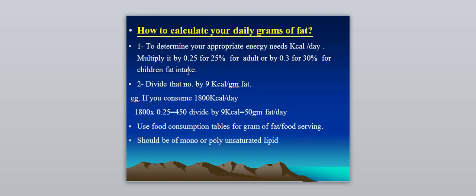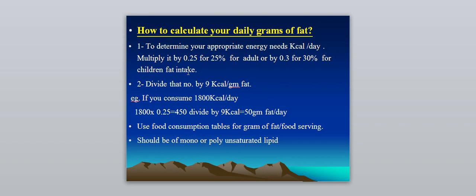How to calculate the daily gram of fat requirement? To determine the appropriate energy need in kilocalories per day, we multiply it by 0.25 for 25% oral intake of this type of fluid for adults, or by 0.3, which equals 30% of intake for children.